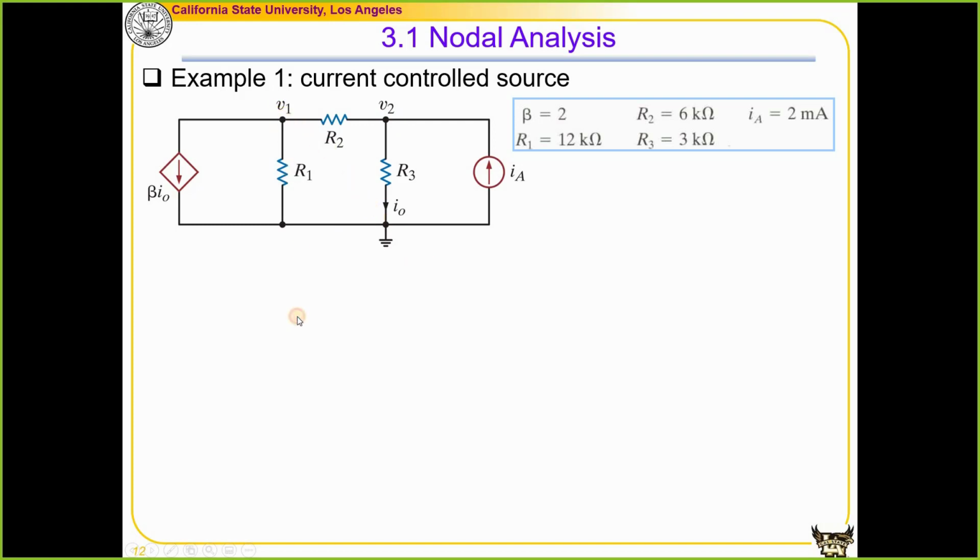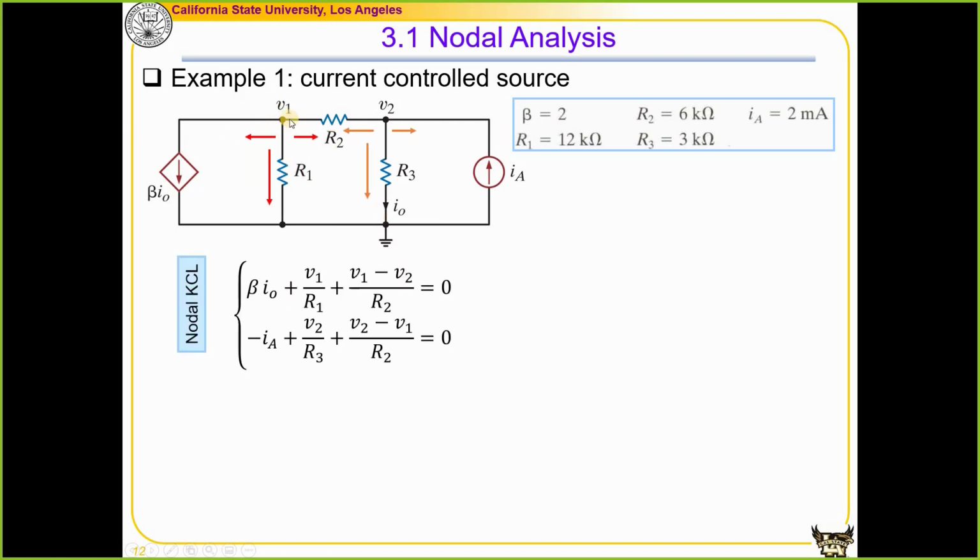For the first node, I will write my nodal equation, saying the current leaving the node, which is beta I_O, the current leaving this node, which is V1 divided by R1, the current leaving this node in this branch, that is V1 minus V2 divided by R2. For the second node, we'll be able to do the same thing.